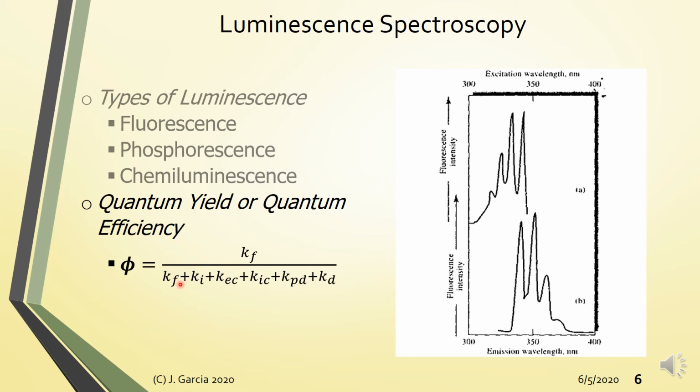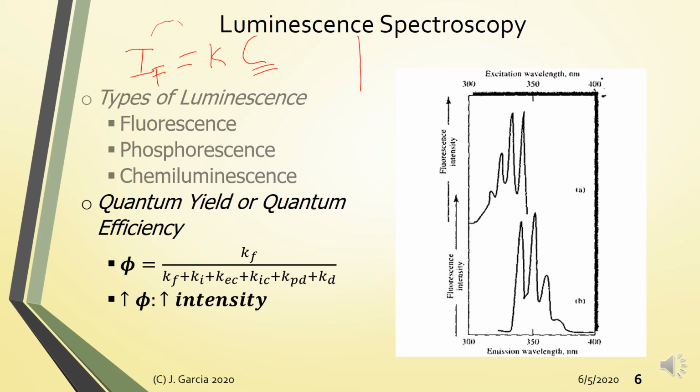So basically, what we can say here is that the higher the quantum efficiency or quantum yield, the higher the intensity of your molecule. This is related to the instrument response. For luminescence spectroscopy, for example fluorescence, the instrument response is the intensity of the fluorescence emission, and this is directly proportional to the concentration.